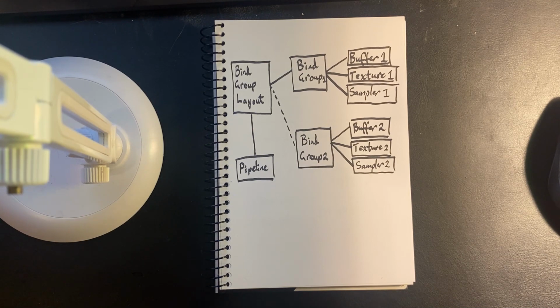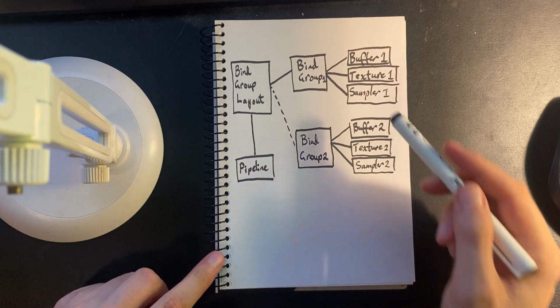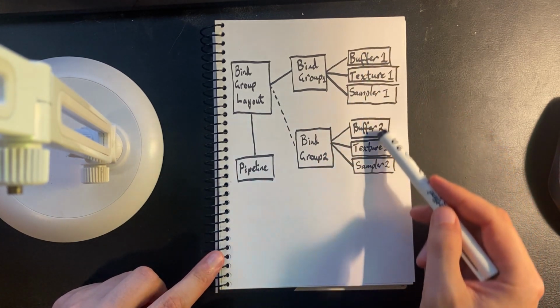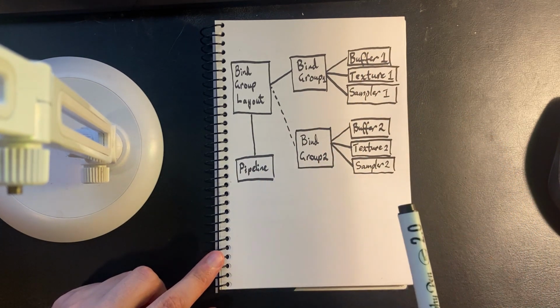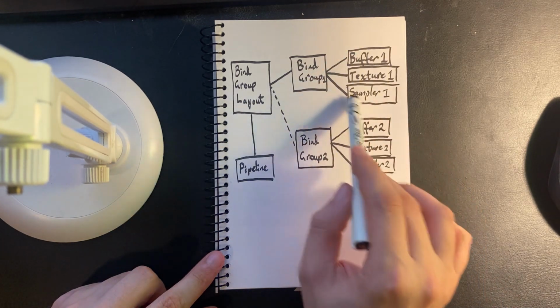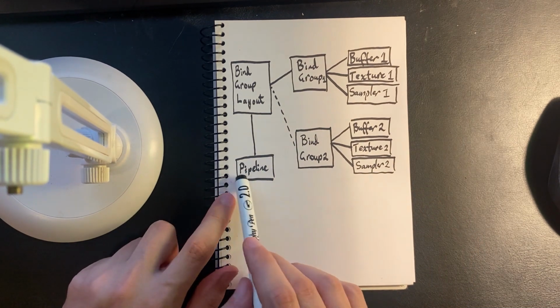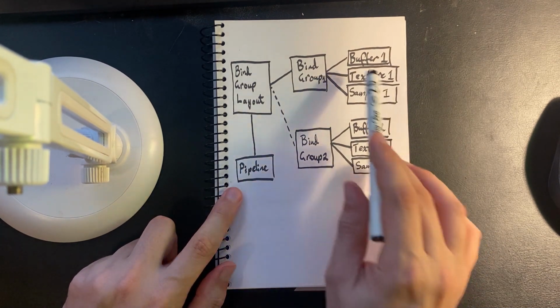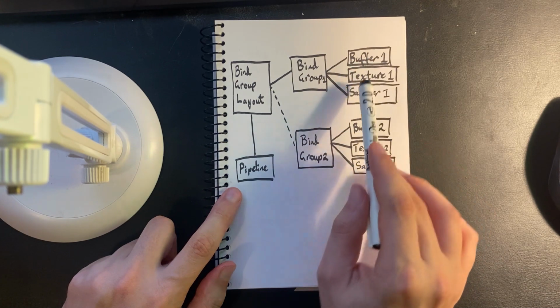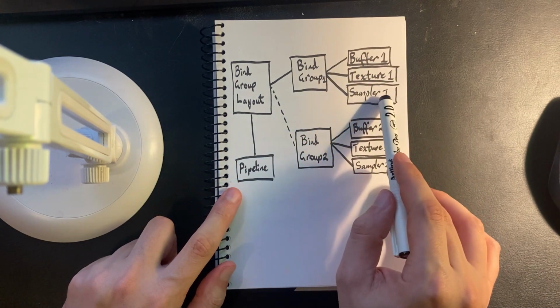So I want to just refresh the theory of bind groups, layouts, and all of that stuff. So imagine that we have a whole bunch of resources, and we want to collect a set of those resources and use them in a pipeline. So say, for instance, you've got your pipeline, you've got your model view projection transforms, some texture, and a sampler.